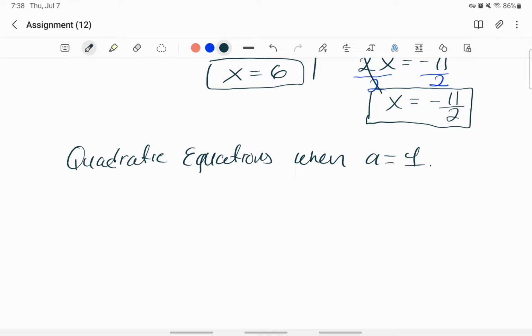So because a is 1, when I write my quadratic equation, that's going to be in the form of x squared plus bx plus c, and that's equal to 0.